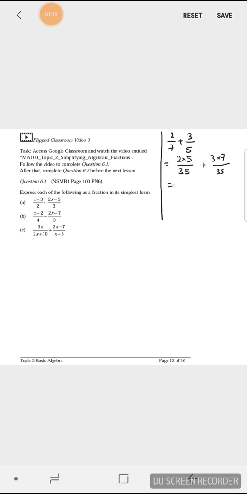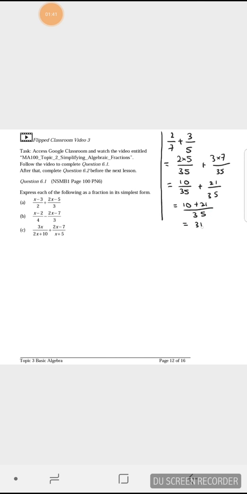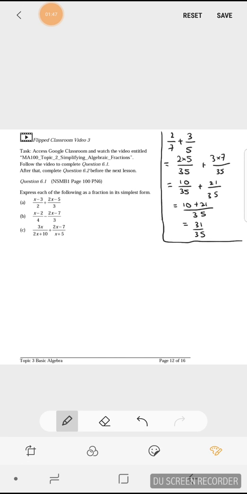Very good. So in this case, you have 10 over 35 plus 21 over 35. And this gives you 10 plus 21 over 35, which gives you 31 over 35. So this is what we have learned in primary school.